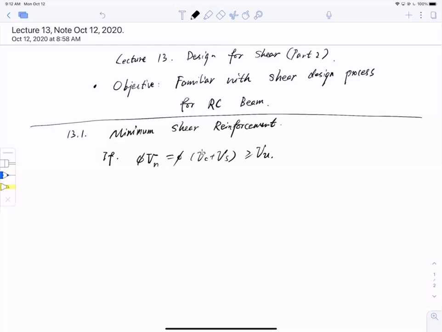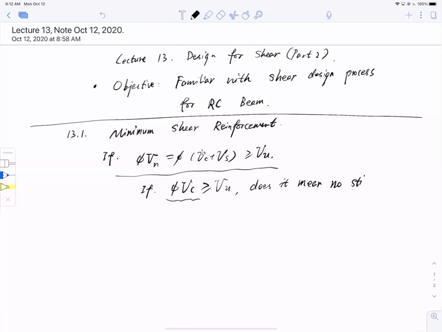And even if, further, phi Vc is greater or equal than Vu, that is, if the concrete contribution itself is already bigger than the applied shear, does it mean no stirrups? Meaning if my concrete can take care of the shear, why should I need stirrups?